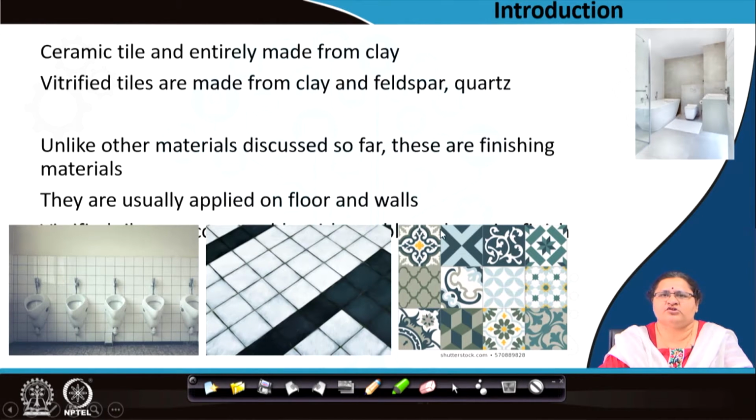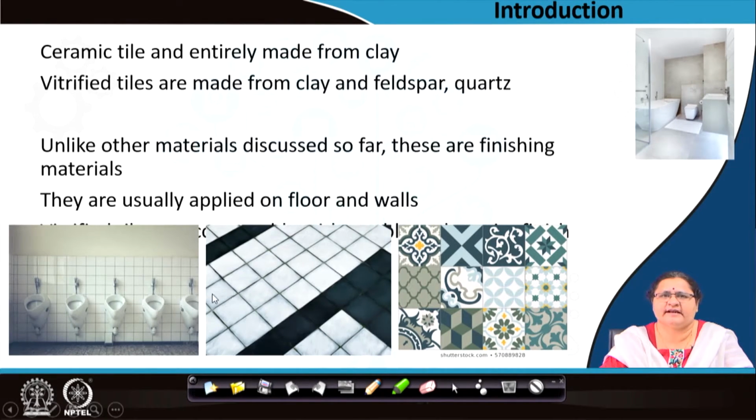You can also see a lot of patterns on tiles. Yes, they can also be made, and here you can see a larger size. Here it is a bit smaller size, but here it is very difficult to find the line. These are made of vitrified tiles.